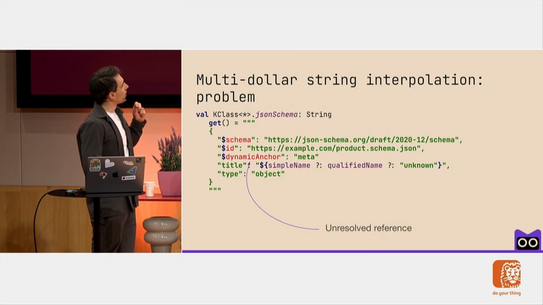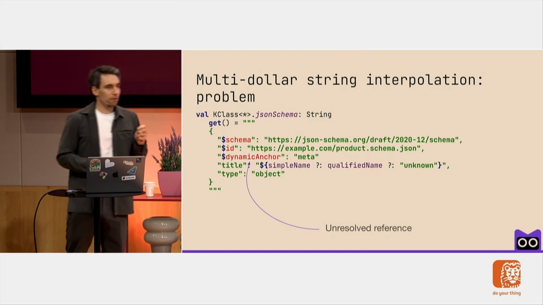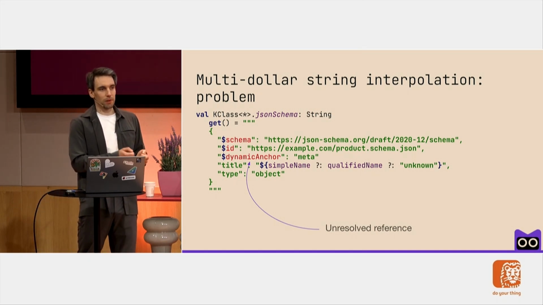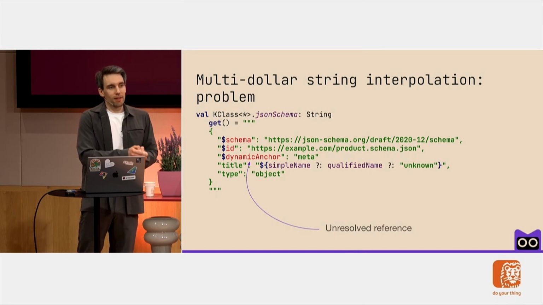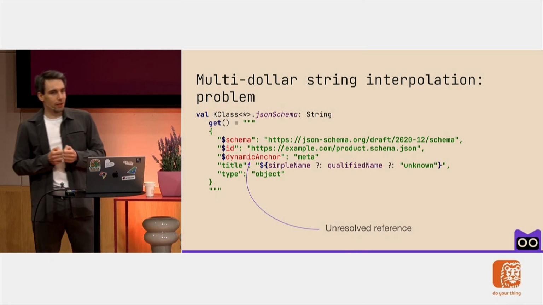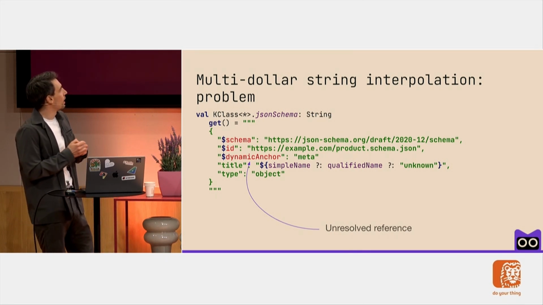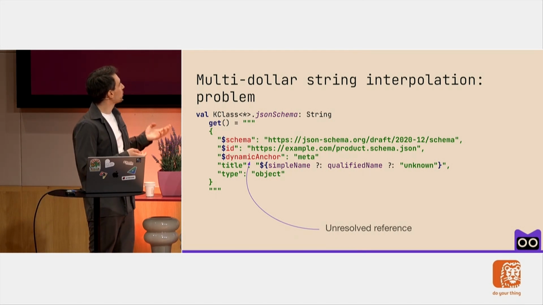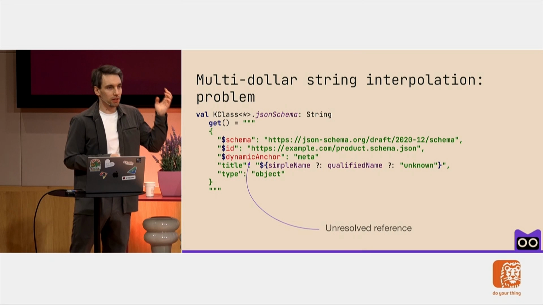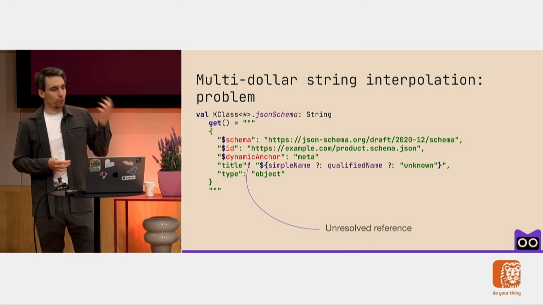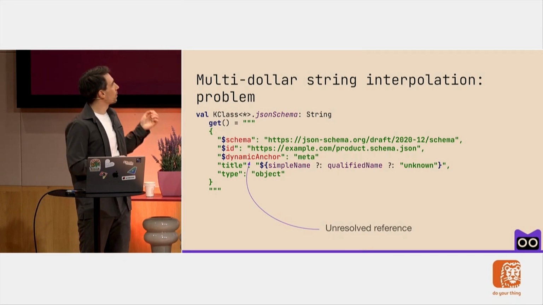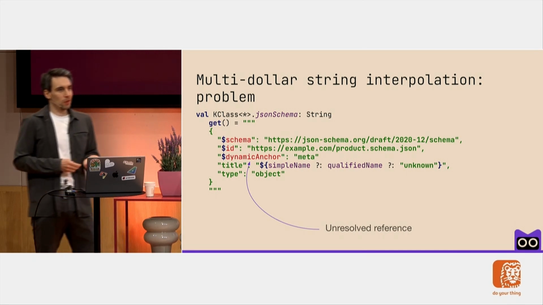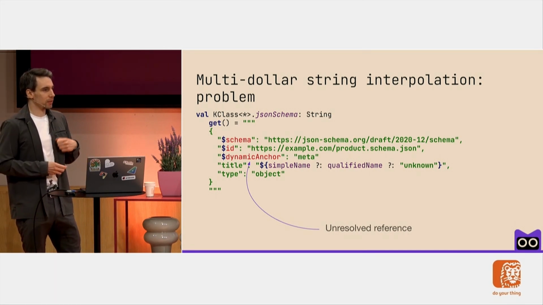And the problem with that is that when you want to use dollar just as a $ sign, but not to refer to a variable, the language doesn't have an appropriate construct. It's the case, for instance, when you want to create a JSON schema and use, for instance, $schema here, just as a simple word, not as a variable. The compiler will highlight this as an unresolved reference, and you'll have to escape this $ sign symbol somehow.